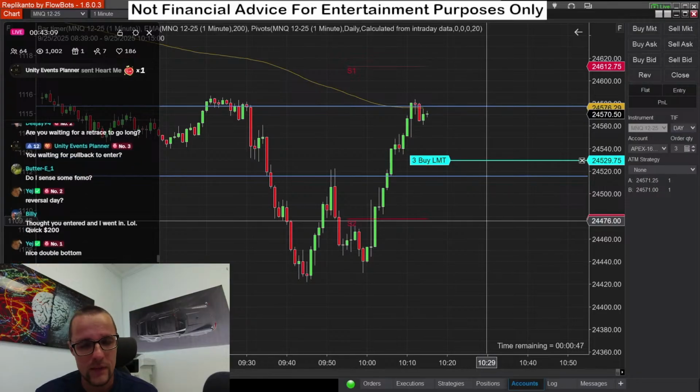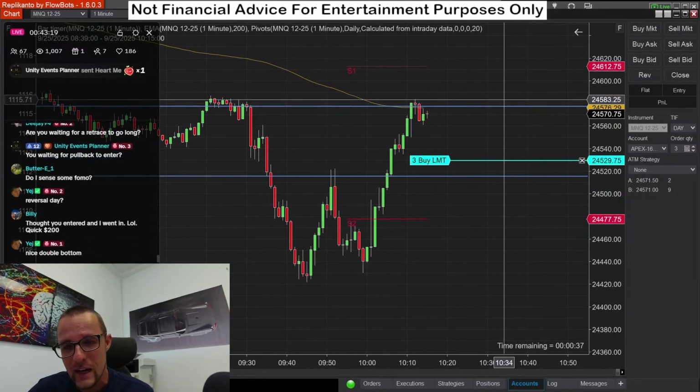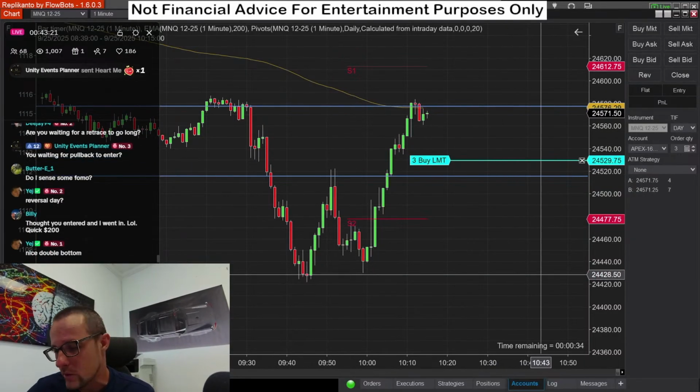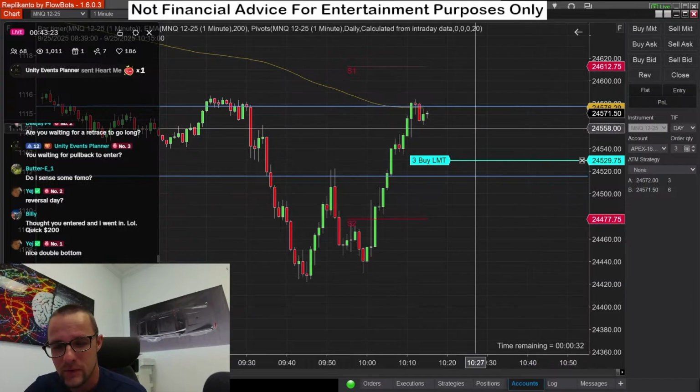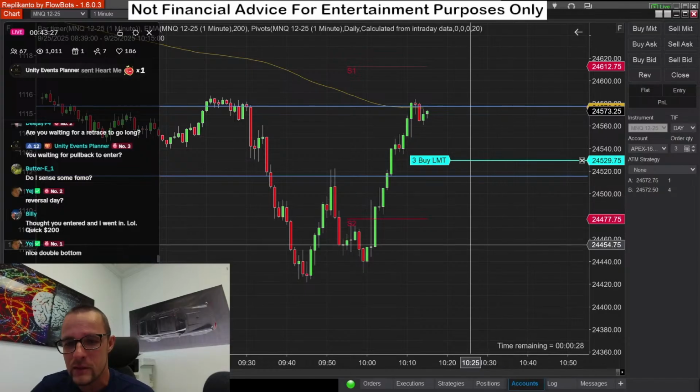If this takes out this high, it's going to be a little riskier of a trade for me. My idea is if it takes out this high and then pulls back, it could go for those lows again, right? But if it doesn't take out that high, there's still a possibility it could retrace to go for that high again.